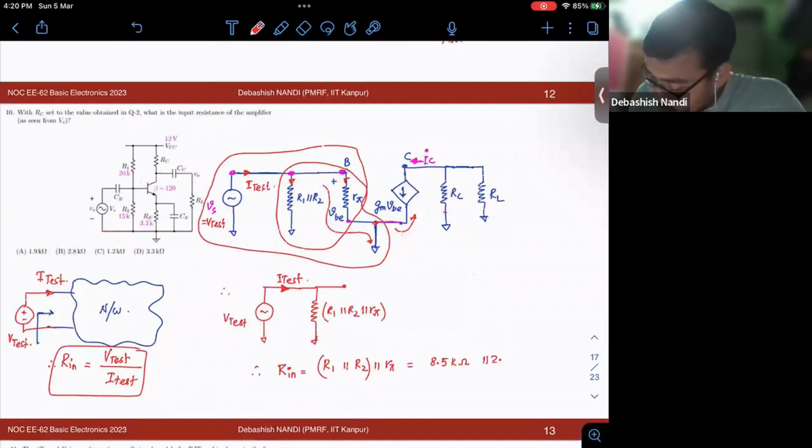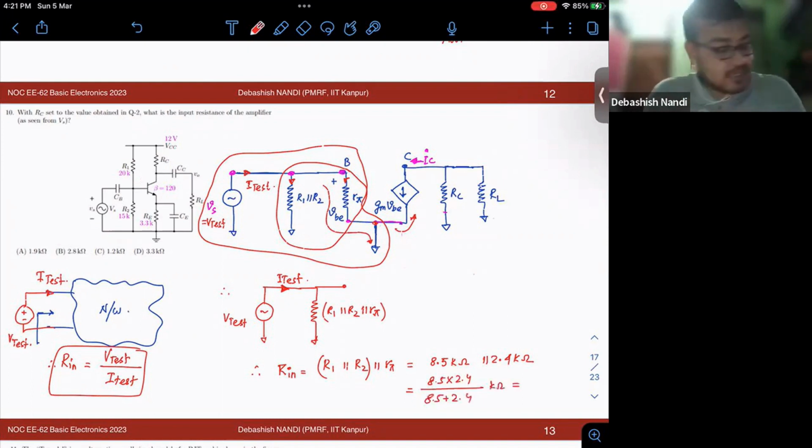So 8.5 into 2.4 divided by 8.5 plus 2.4 is 1.87.